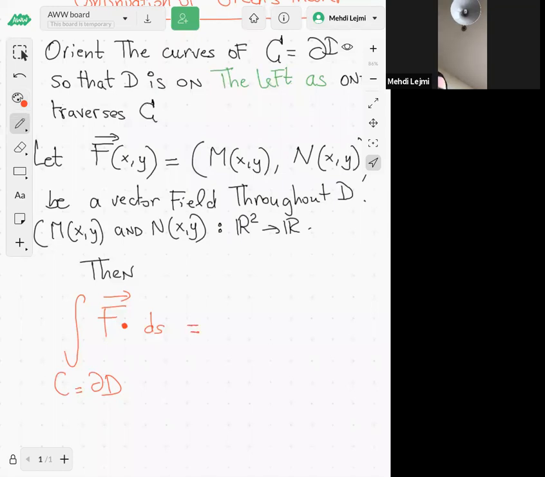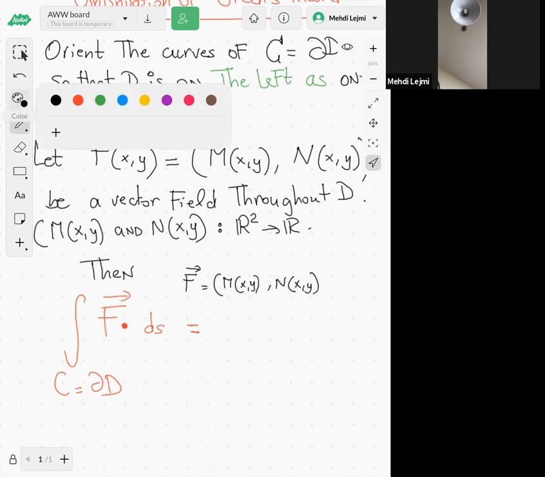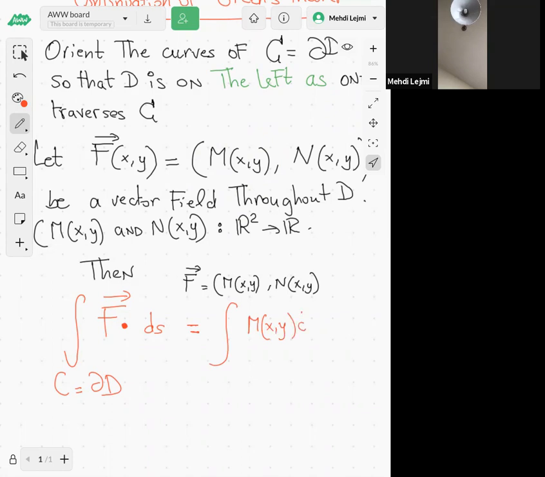the double integral. F of x,y is supposed to be equal to these two functions, M of x,y and N of x,y. So in other words, we have this integral, M of x,y dx plus N of x,y dy.